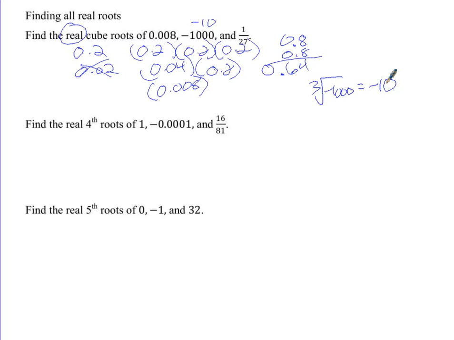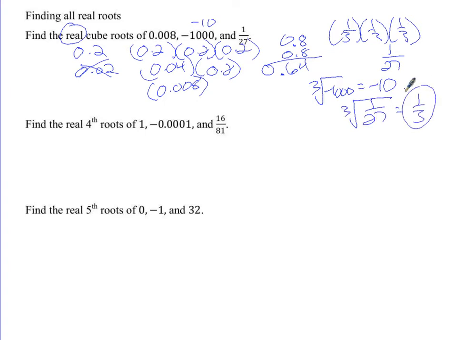You plugged it in. 1/3 times 1/3 times 1/3 gives me 1/27, which is what I was looking for. So therefore, the cube root of 1/27 equals 1/3. Do not rely on your calculator to come up with these answers. Learn how to do it yourself.